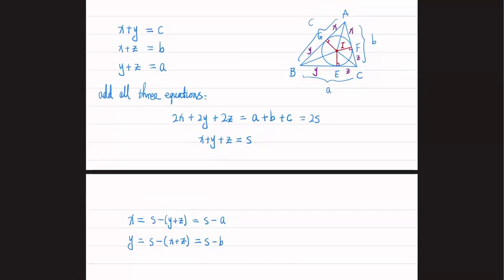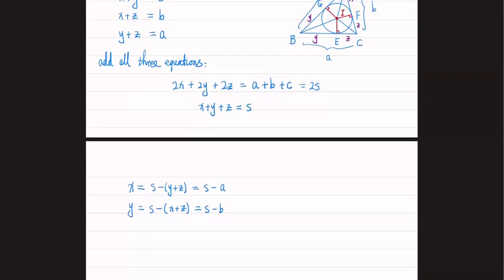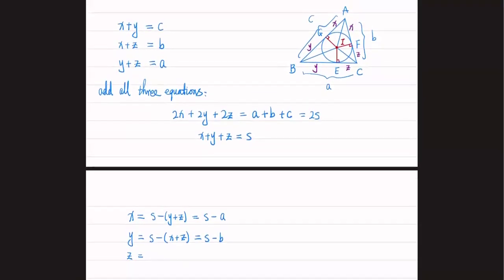Okay. And Kira, how do you find z? s minus x plus y, which is s minus c. Okay. So in this way, we find all three of them.